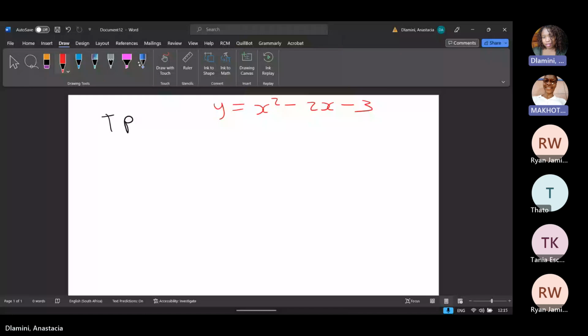Thank you. So we know that our line of symmetry is x equals minus b over 2a, and the x value we get for the line of symmetry is the same as the x value of the turning point.